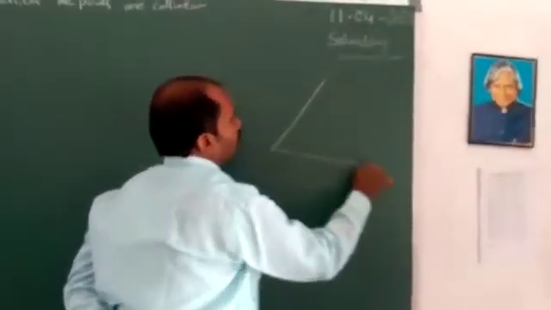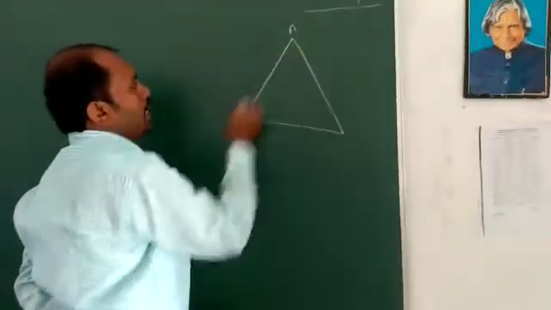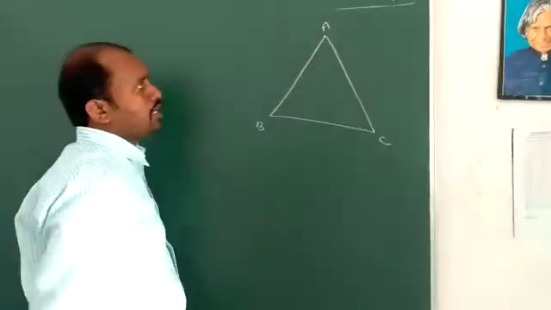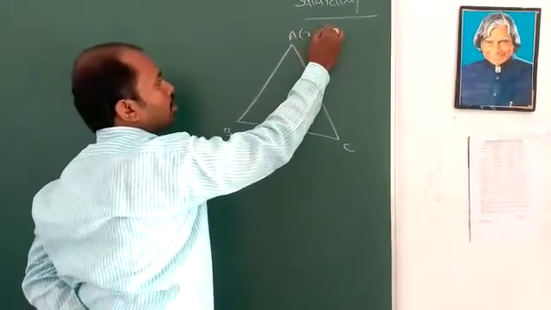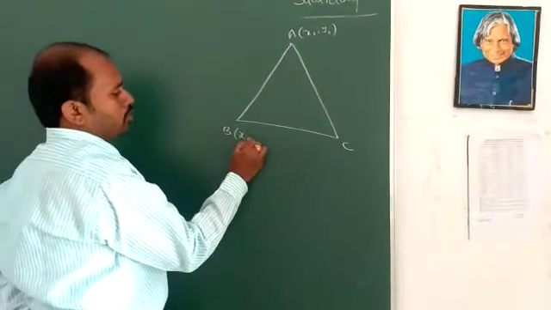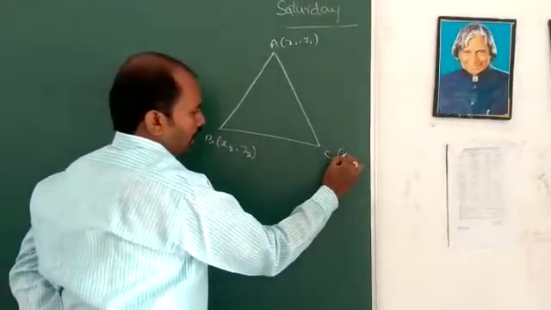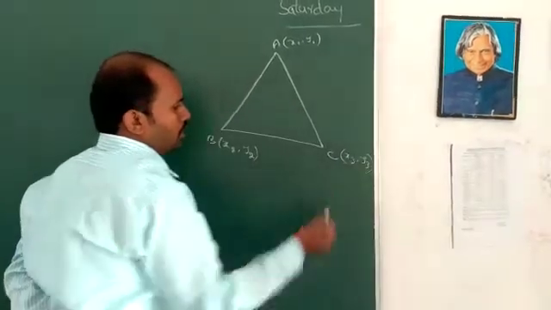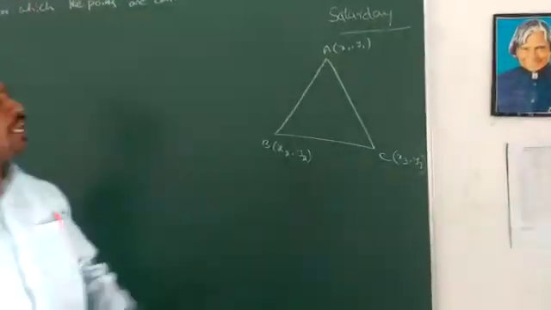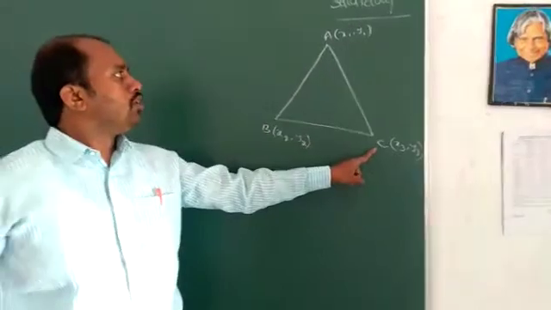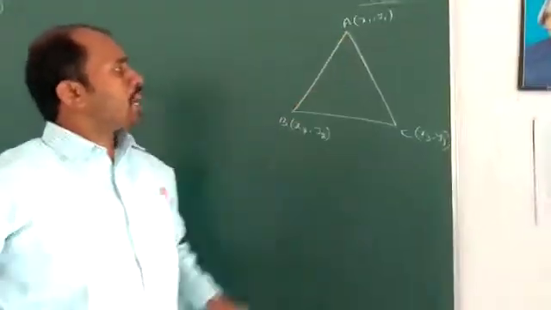first, suppose triangle ABC is a triangle. Here the vertices are A (x1, y1), B (x2, y2), C (x3, y3). These are the three vertices of triangle ABC. Suppose you find the area of the triangle ABC.